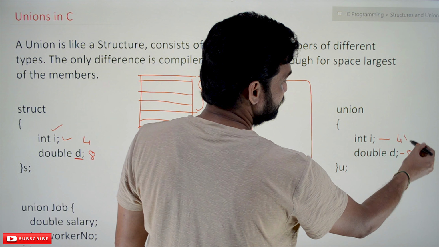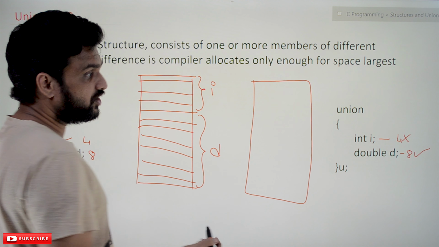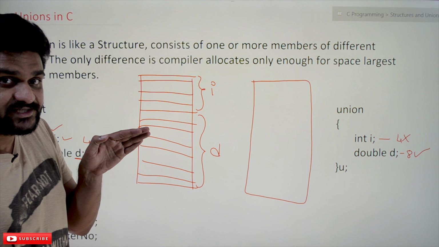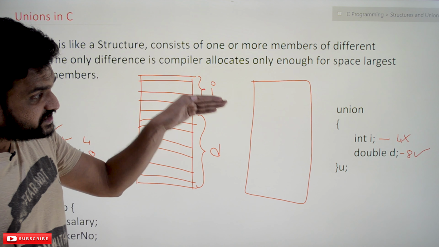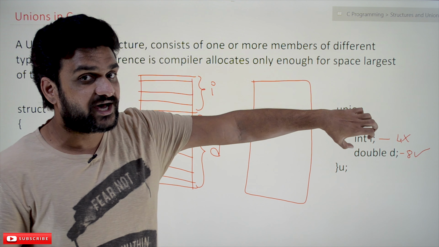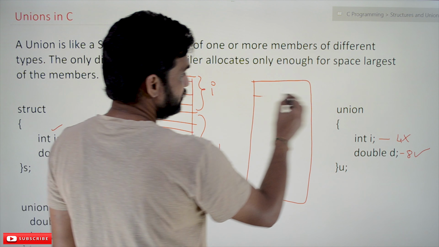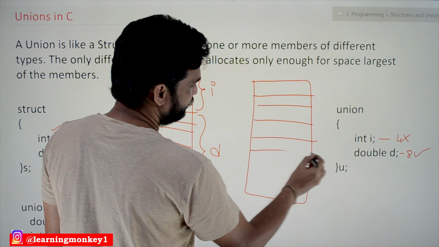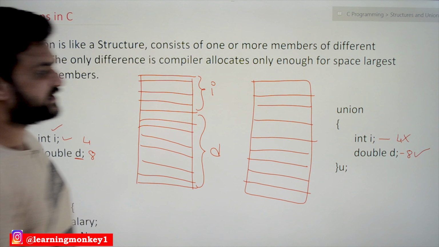The 4 bytes of the int are included within that. Out of all the members, whichever requires the largest amount of space, for that largest member the space will get created. So only 8 bytes will get created: 1 2 3 4 5 6 7 8.